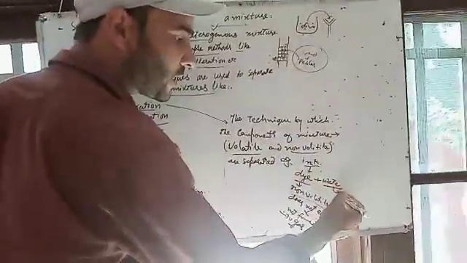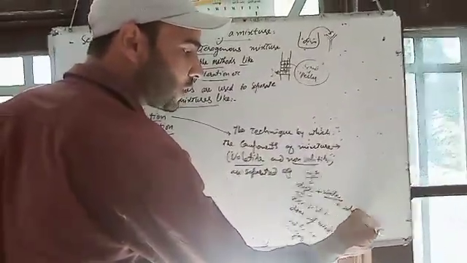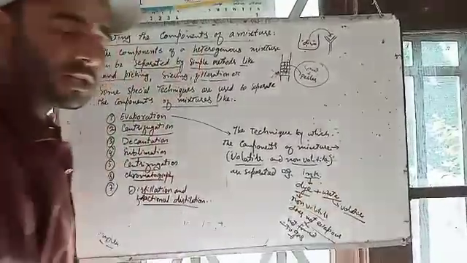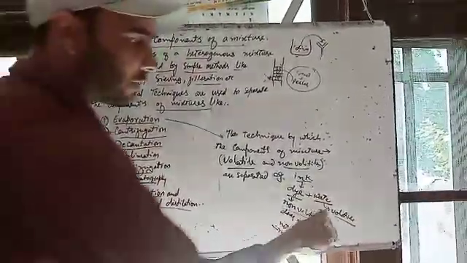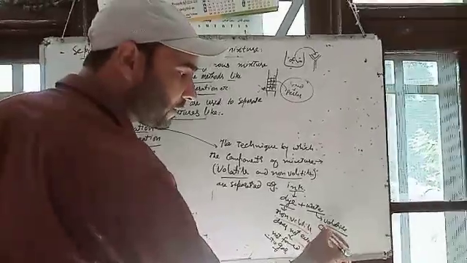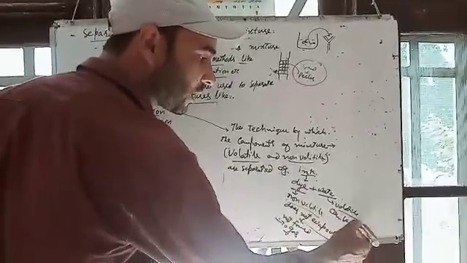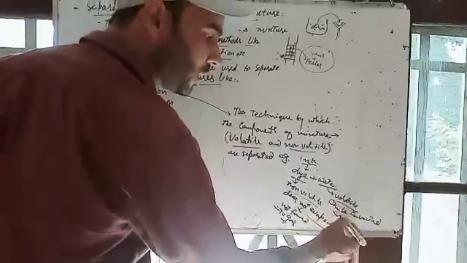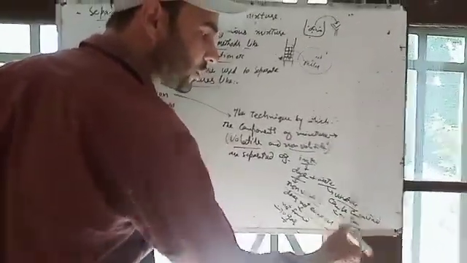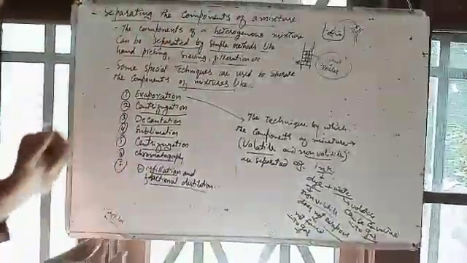And water is volatile. Volatile means the substance can be converted into gas with the help of heat.